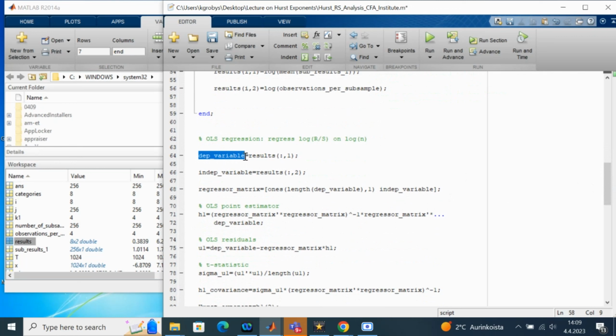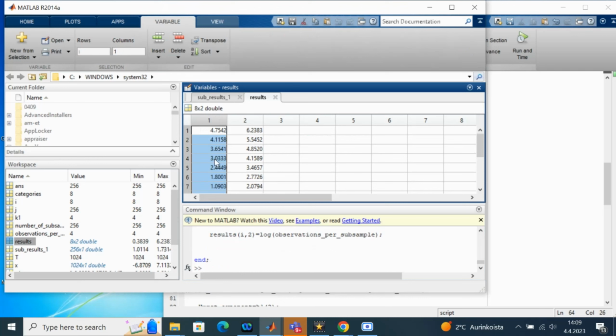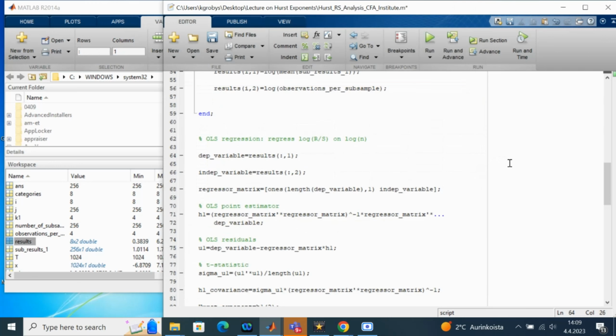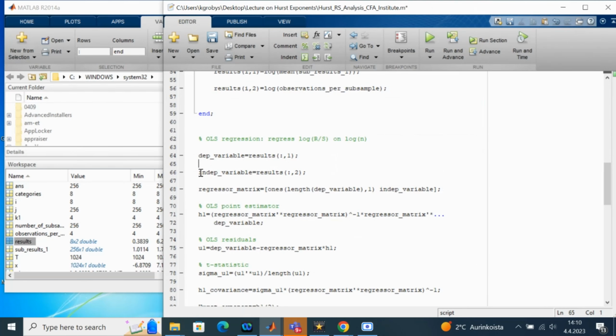So we set our dependent variable. The dependent variable is our y variable in the OLS framework. This is the first column vector of our results matrix. Recall, in the first column vector we have the logarithm of the average rescaled range statistics given the cluster size k. The independent variable is then the logarithm of the corresponding cluster size, which is in the second column of the result matrix.